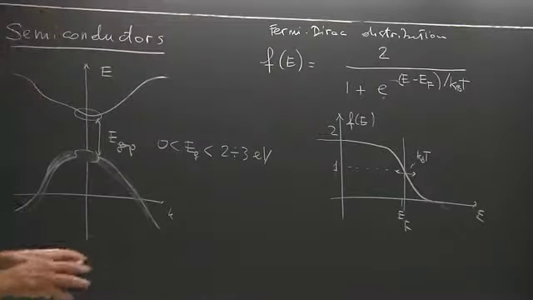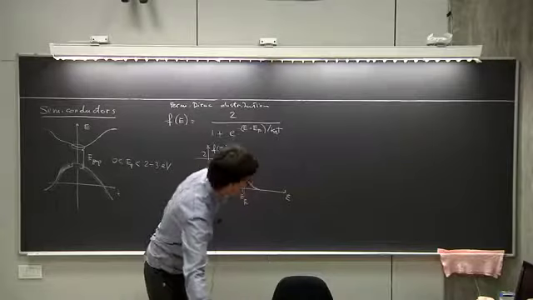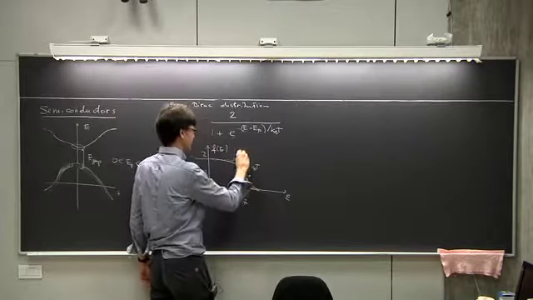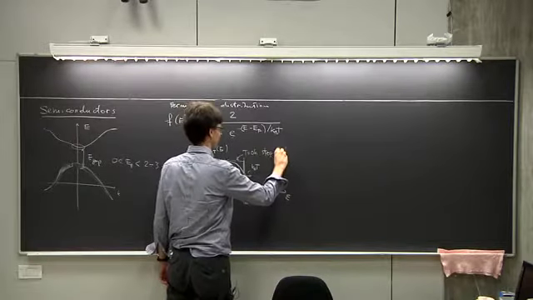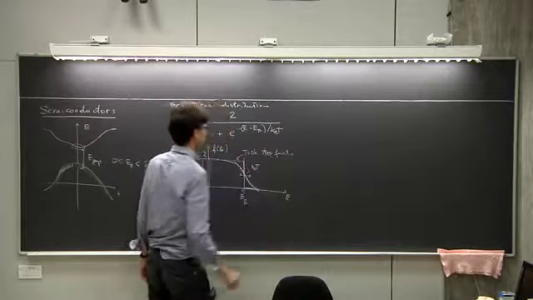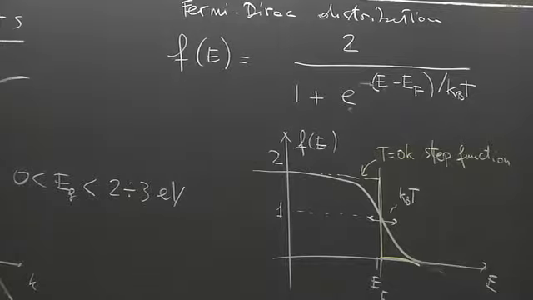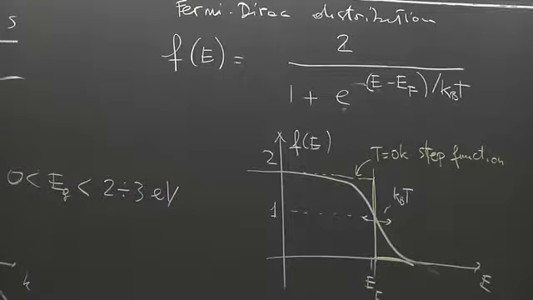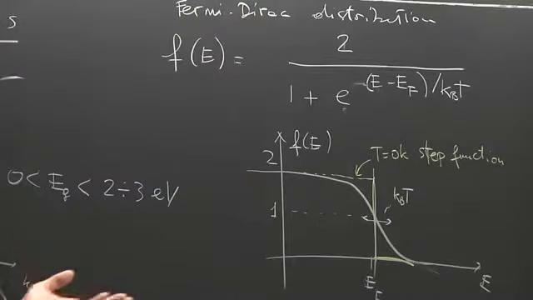The lower the temperature, the more the function approaches, at t equals 0, a step function centered at the Fermi energy. Okay, so at 0 Kelvin, all the states below the Fermi energy are filled, and all the states above the Fermi energy are empty.